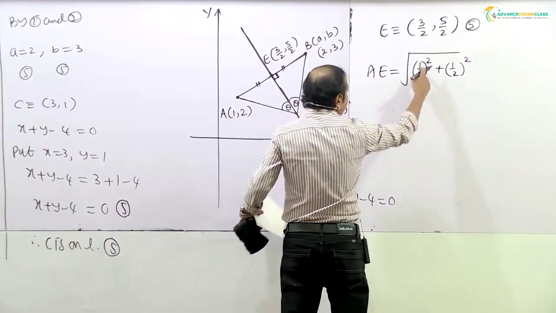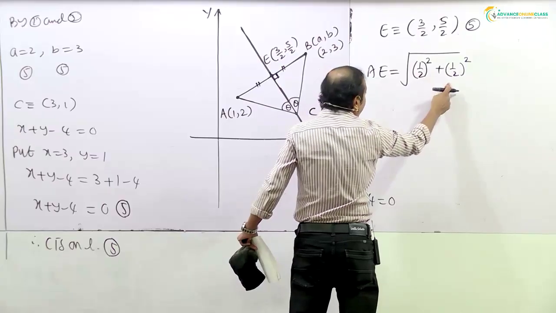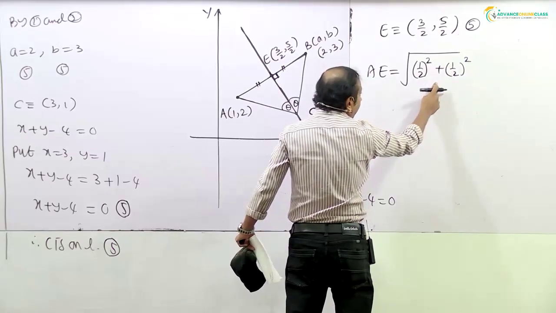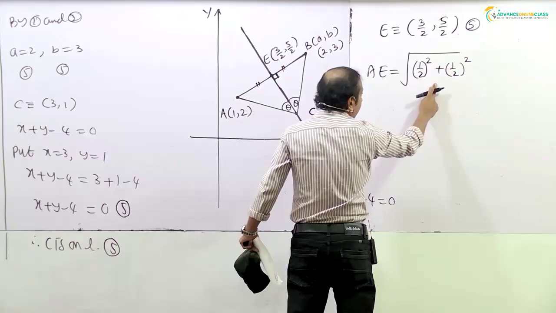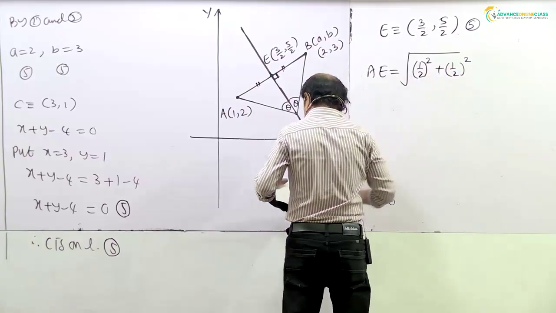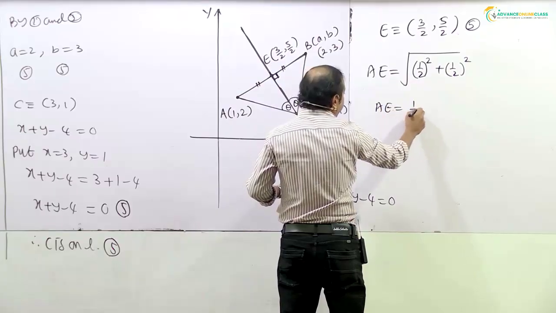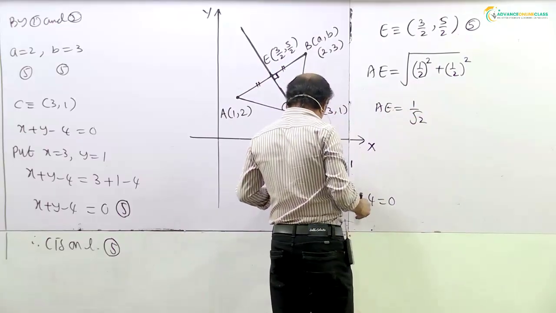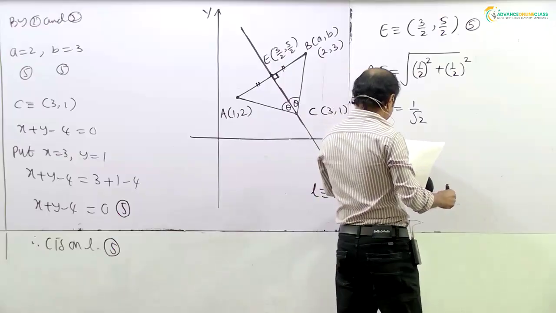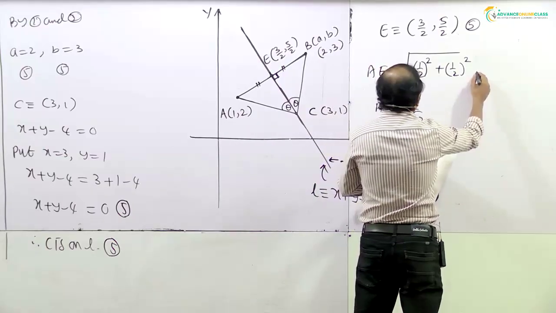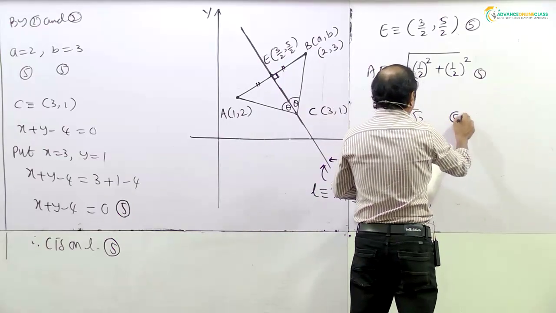Then what do you get here? 1 over 4, 1 over 4. What is that? 2 over 4. It means what? 1 over 2. Root means what? 1 over root 2, no? AE is 1 over root 2. Yes, for this 5 marks.